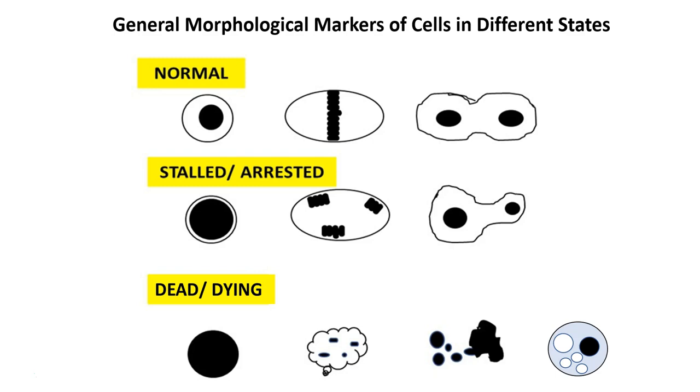A stalled or arrested or somehow disrupted cell is going to have the nucleus take up 60% or more of the total cell volume. And so if we look at the cell, again, I'm showing you an exaggerated version. This nucleus is so large that there's almost no cytoplasmic space left behind.